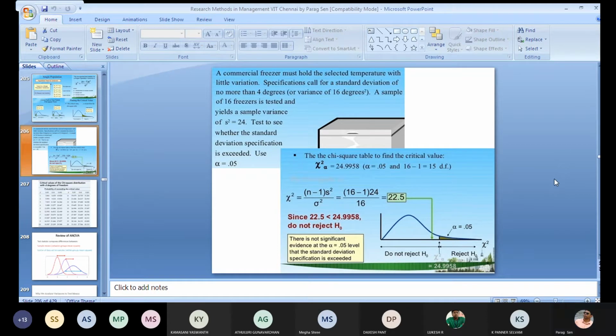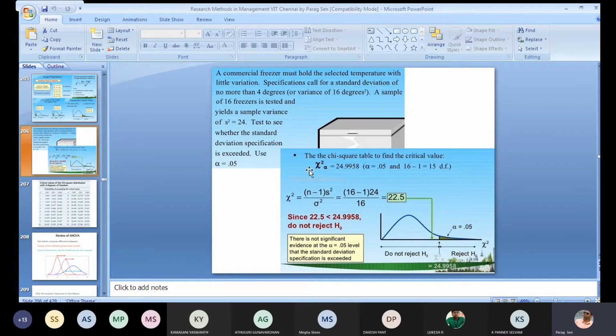But from your problem, you can say alpha is equal to 0.05, so you need to be 95% sure. That means out of 100 times you want to see the difference 95 times.